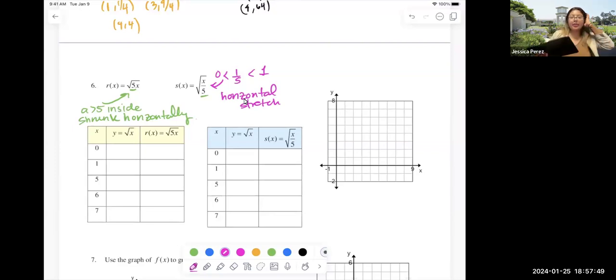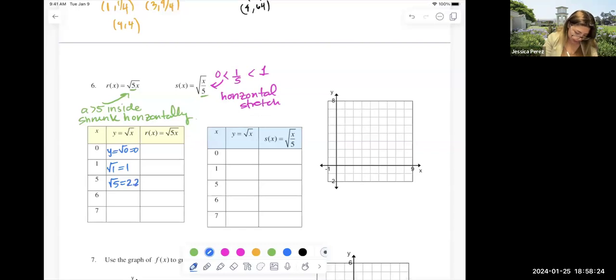And we're going to be inputting values and getting to see how it looks. So first, we're going to start evaluating. So y is equal to the square root of 0, which is 0. The square root of 1, which is 1. The square root of 5, well, that's an irrational number. But the square root of 5 is close to 2 point something, right? If you put that in your calculator, do a quick approximation, it's roughly 2.23.